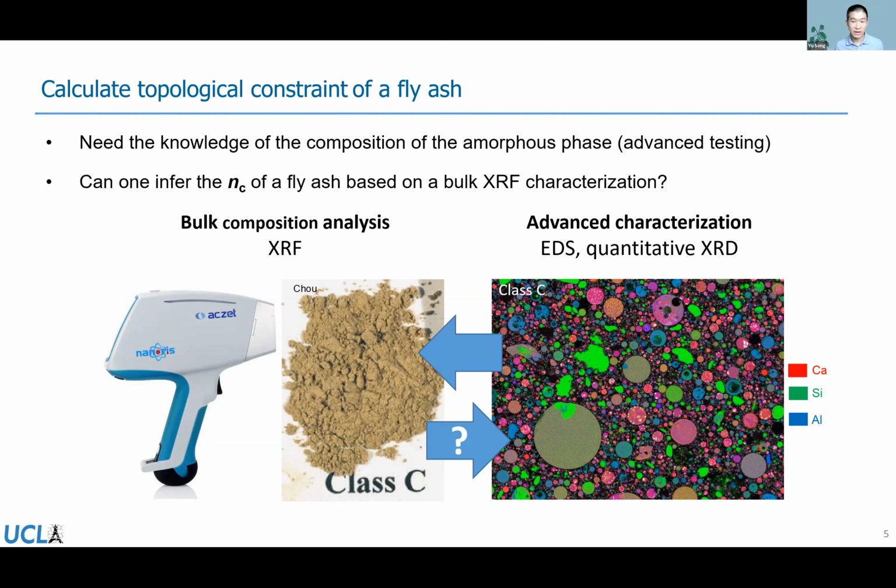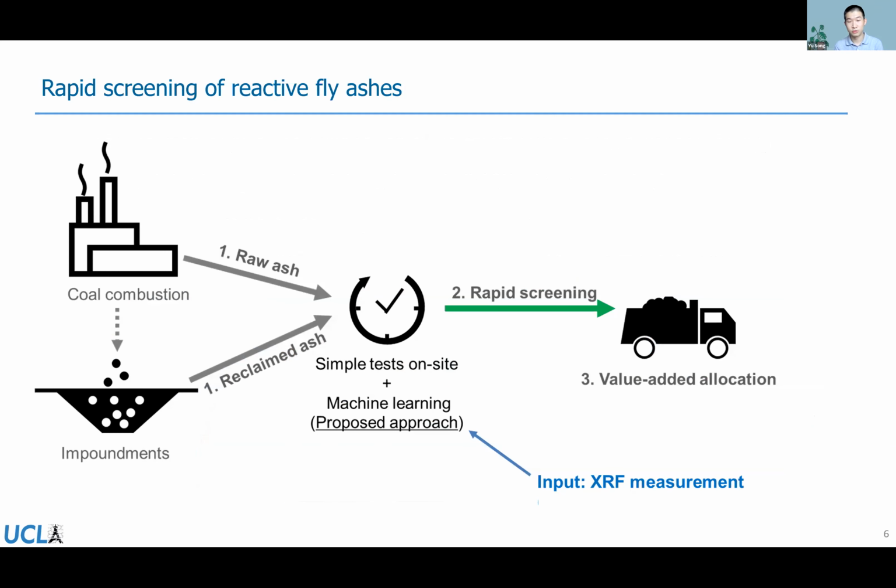The rationale is that based on the previous study, we know that there are certain correlations between the bulk material composition and their amorphous content. And here, the next slide shows you how we want to approach this rapid screening.